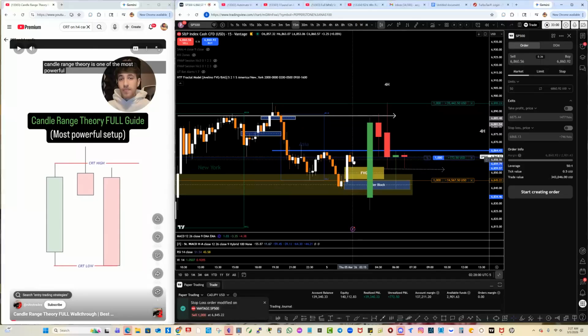If it closes bullish even below this, that should be the entry. So we have less than 2 minutes to have the bullish candle close, and that's a setup. And we should be going from this point to this highest point right here, and that should give us like ratio 1 to 2.